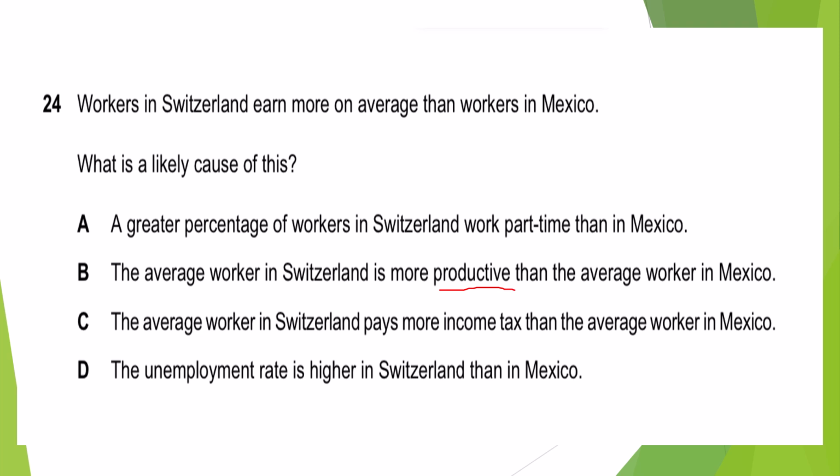Then C: the average worker in Switzerland pays more income tax than the average worker in Mexico. If they are paying more income tax, then why are they going to earn more? Not at all. It means that they are going to earn less. This could not be the option. D: The unemployment rate is higher in Switzerland.